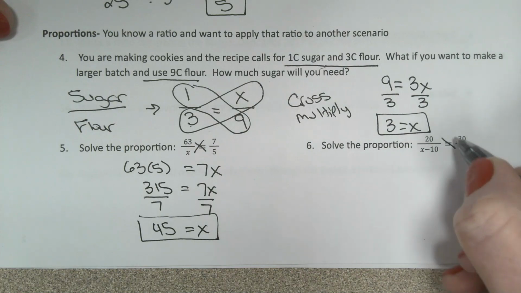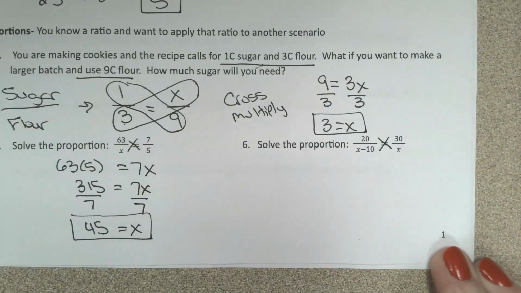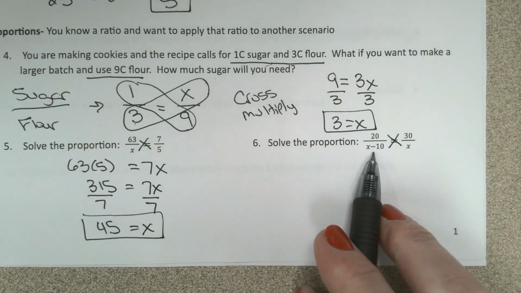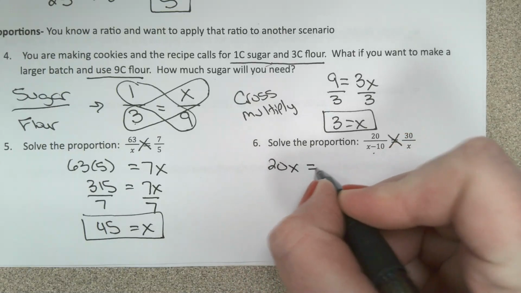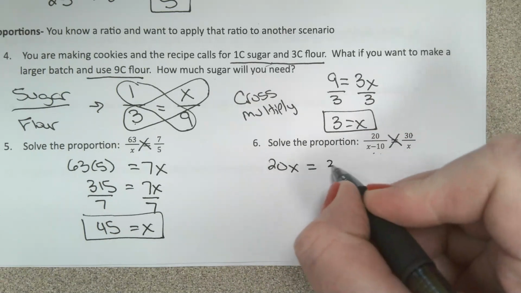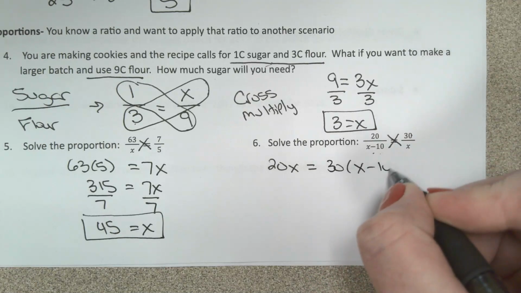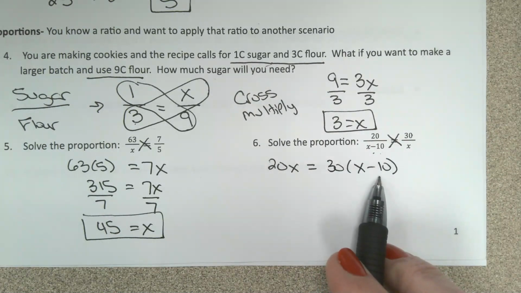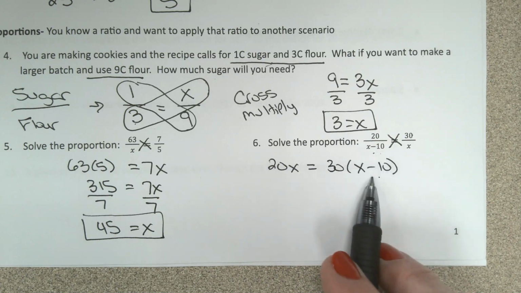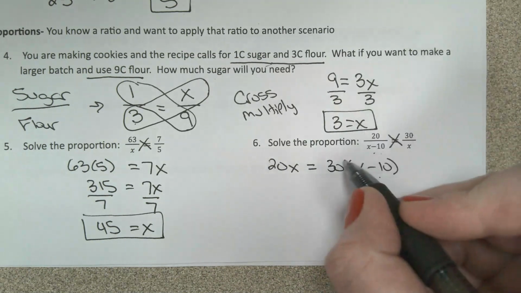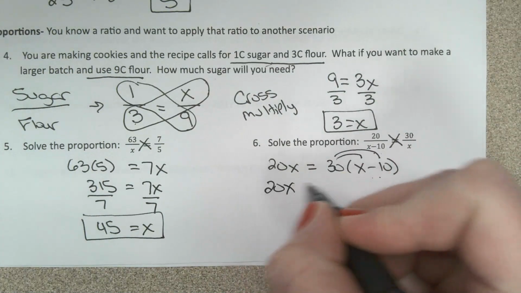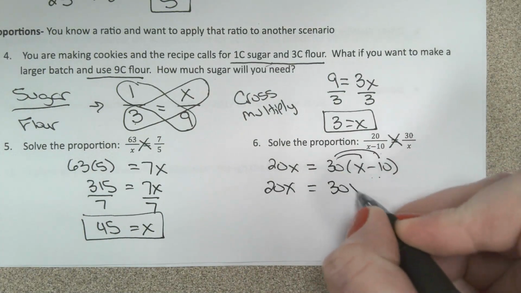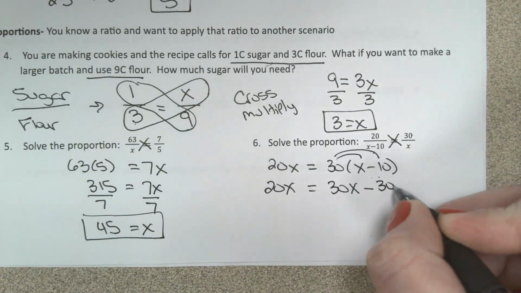Here I have fraction equals fraction. I'm going to cross multiply. Let's see, you have 2 terms in the denominator, so you're going to have to be a little careful here. So I'm going to go 20 times x, which is just 20x, equals 30 times (x minus 10). So when you have 2 terms in any place, make sure you put that in parentheses, because you're going to have to distribute to clear parentheses. 20x equals 30x minus 300.